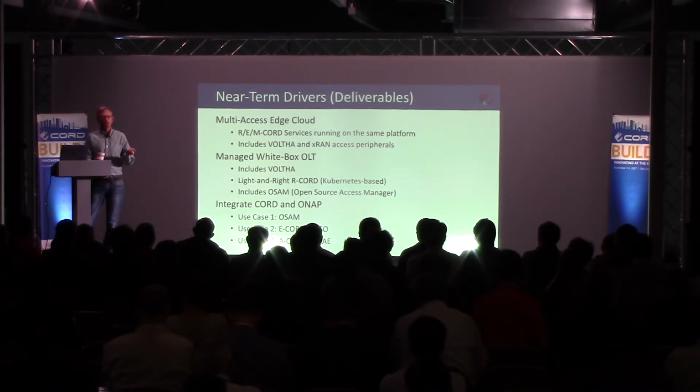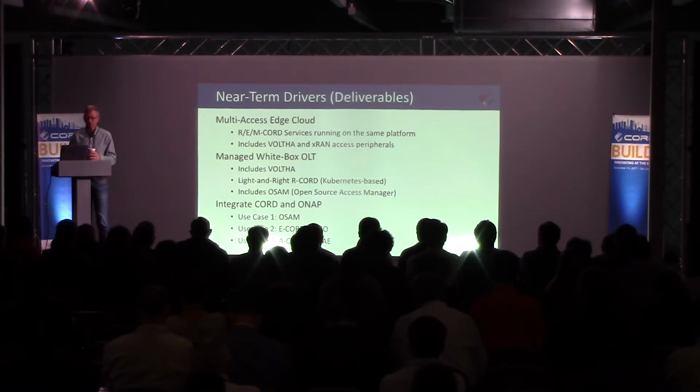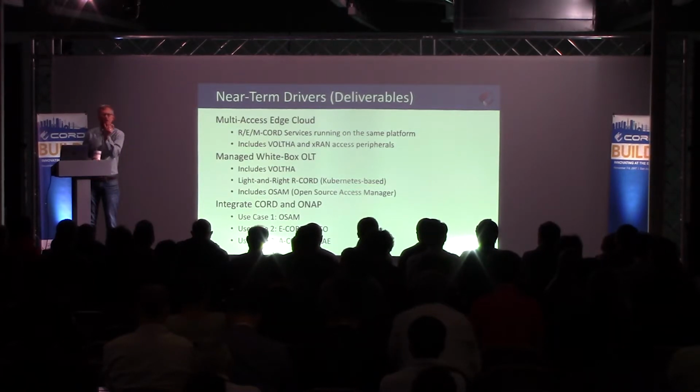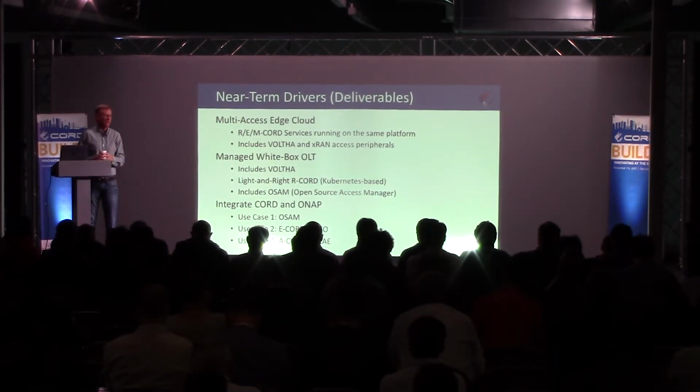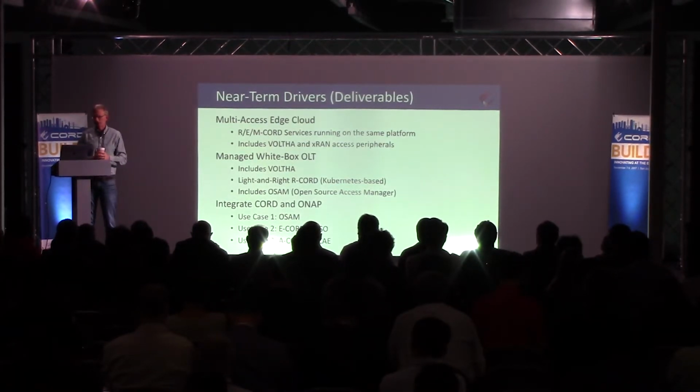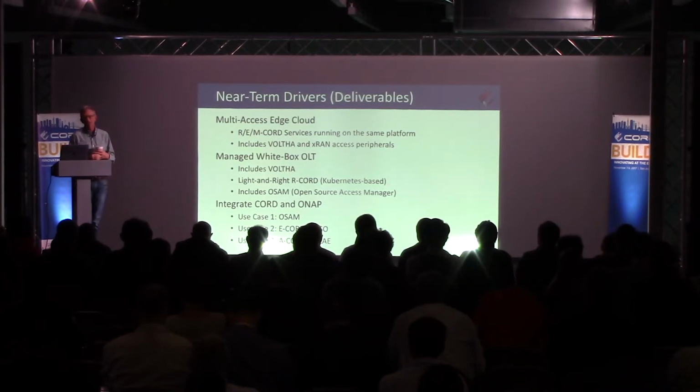It would exclude OpenStack and include Kubernetes instead, so we would have scaled down the management overhead required. And it would include enough management to support subscribers who would then connect to that edge device. And there's a project, I forget if I mentioned this yesterday, just starting up called OSAM, pronounced Awesome, which is Open Source Access Manager.